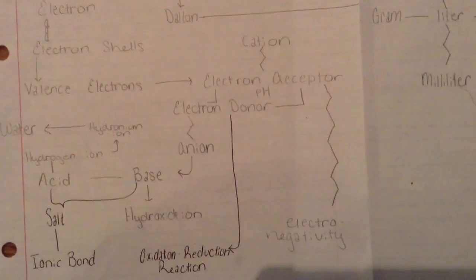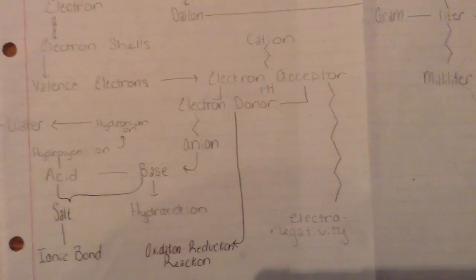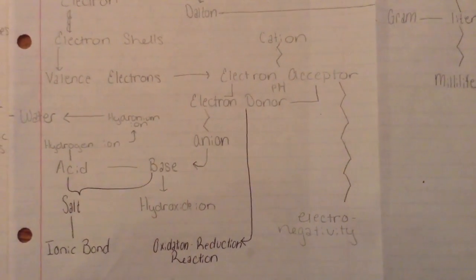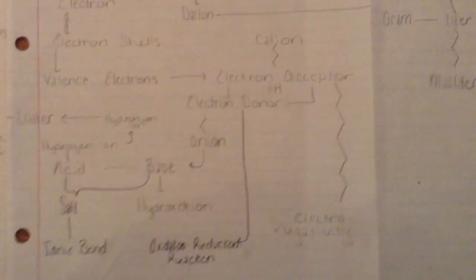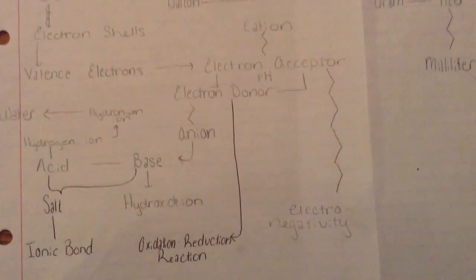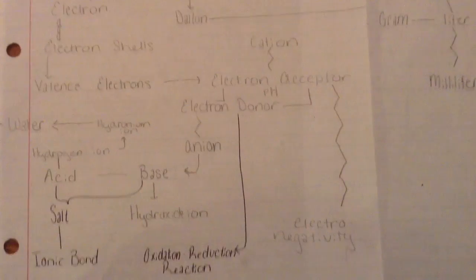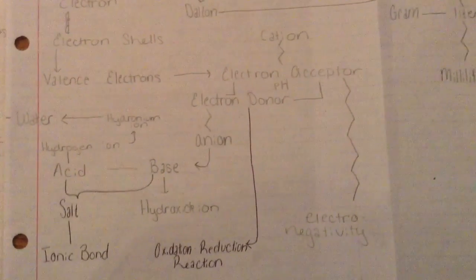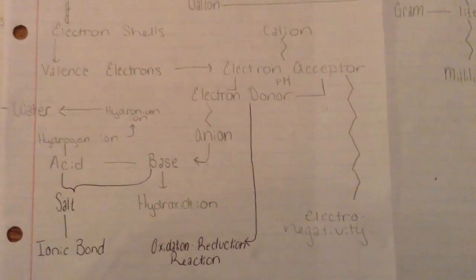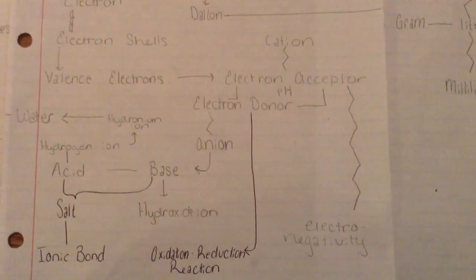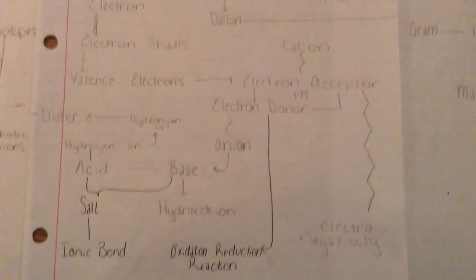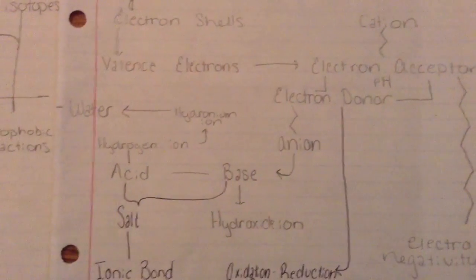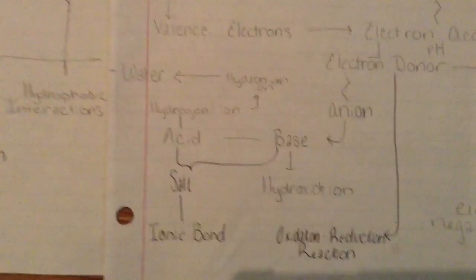And then coming off of electron acceptor is electronegativity, and electronegativity is another scale of how well an element accepts electrons. And so fluoride is the element that accepts electrons the best, and so it has the highest electronegativity.